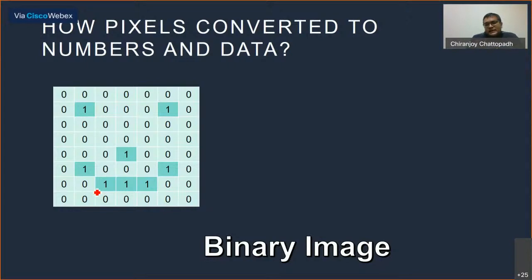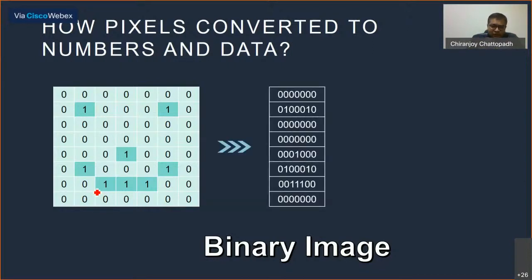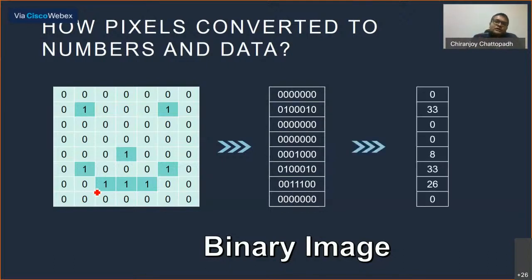As I said, representation is important. So how can we represent it? A very simple example to understand: this is the same image of the face with the zeros and ones. If we want to represent this matrix, one way of looking at it is that we concatenate all the values row-wise and then convert them into the corresponding decimal number.